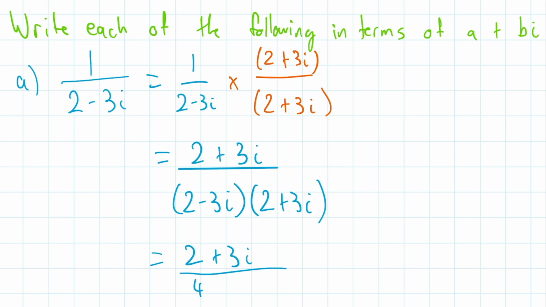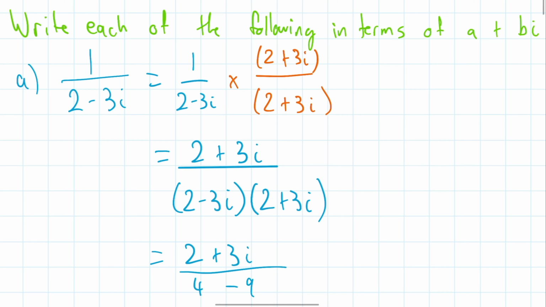Again, my middle part is going to cancel out, and negative 3i times positive 3i gives negative 9i squared. Again, i squared here is just minus 1, so this becomes 4 plus 9, which is simply equal to 13.